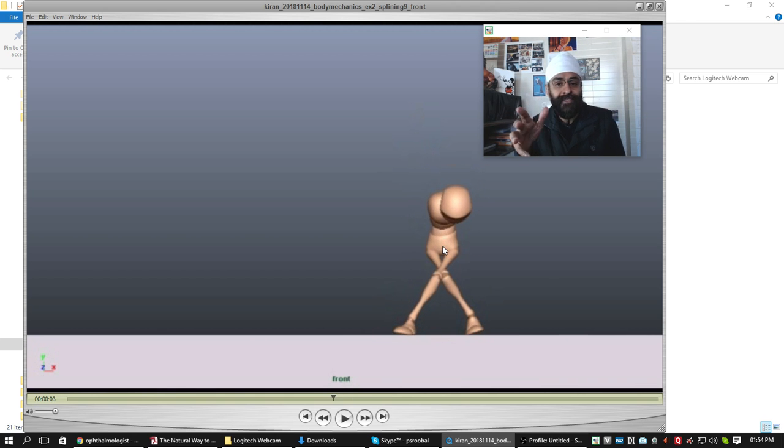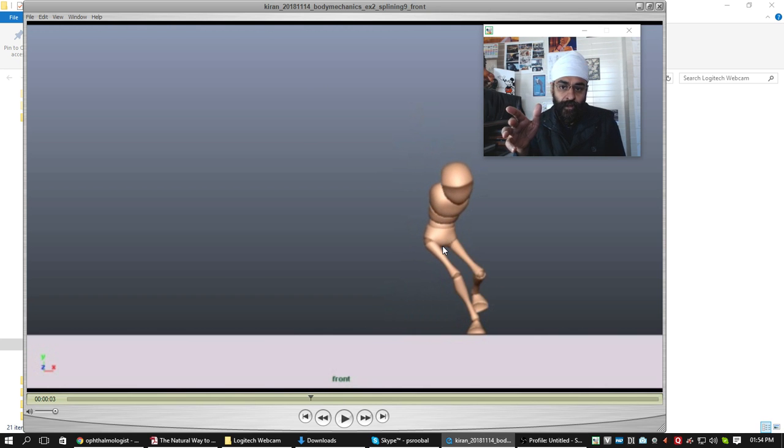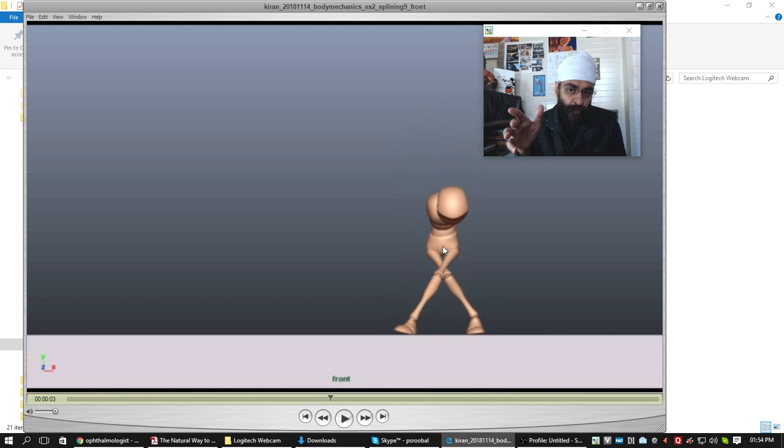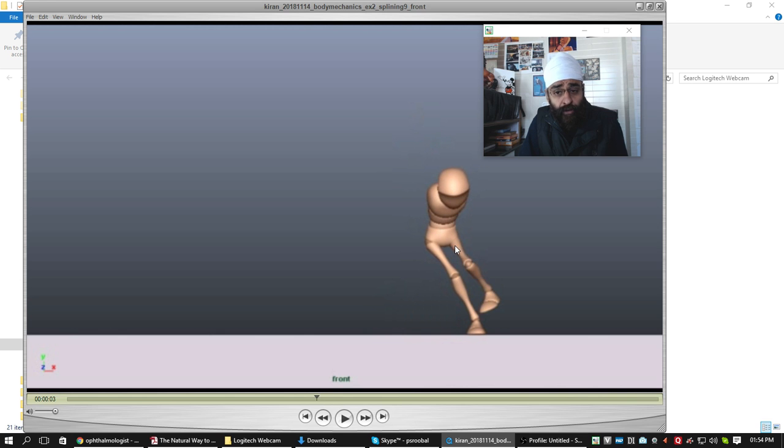So what is the solution? When the character is falling from this point to this point, the pelvis should move so much that the weight should almost be on this foot, maybe somewhere here. So this fall should cause the weight to move to this left foot.